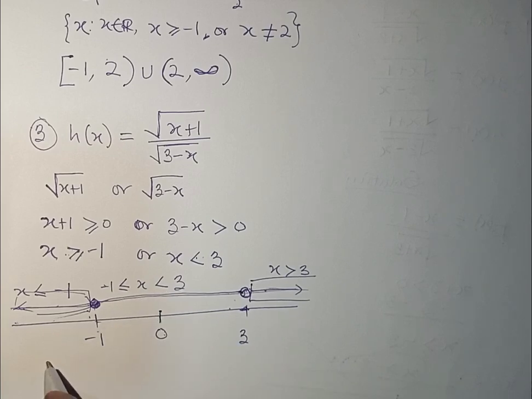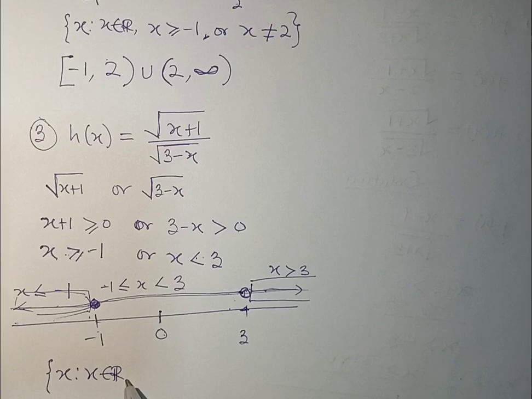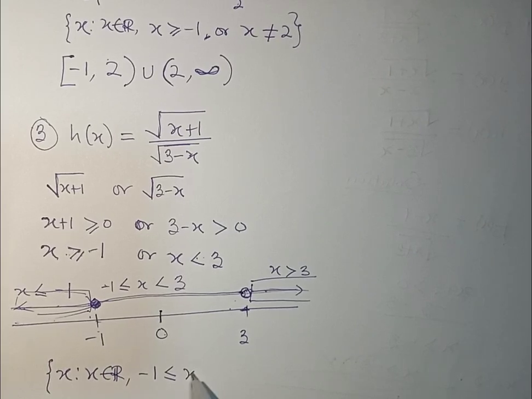So my solution, which I'm going to use as my domain, is then what? x is such that x is a member of real numbers, -1 is less than or equal to x less than what? 3. And that is my domain.